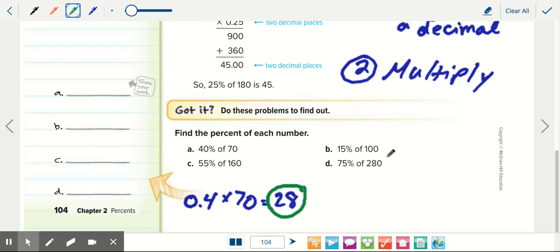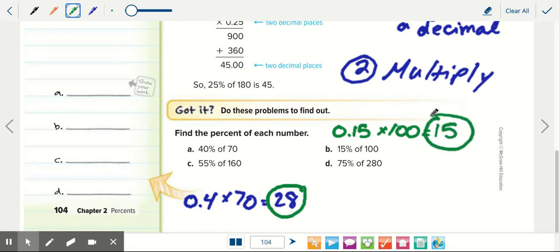Let's try and do letter B, C, and D. Why don't you guys give those a shot? So again, step one, change your percent to a decimal and then multiply. So 15% as a decimal is 0.15. And then I multiply. And I would get 15.